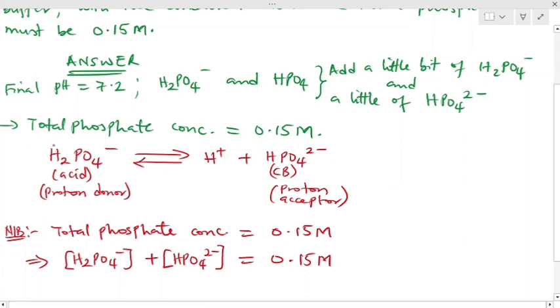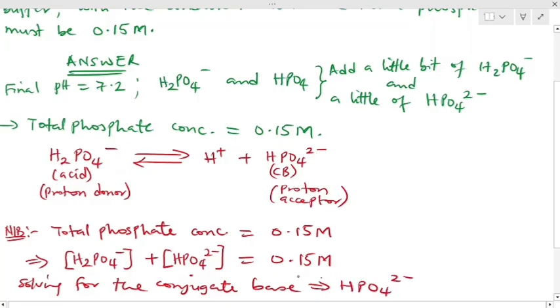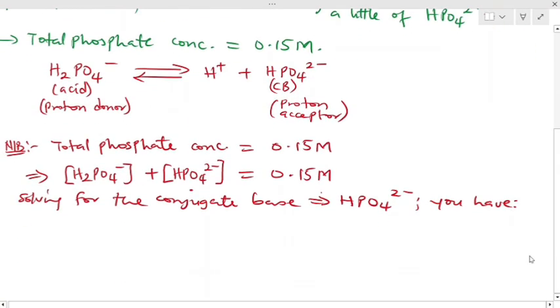So if we are solving for each of these species, solving for the conjugate base, which is your HPO4 2 minus, we have the following.